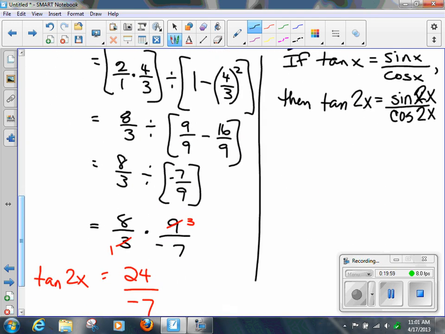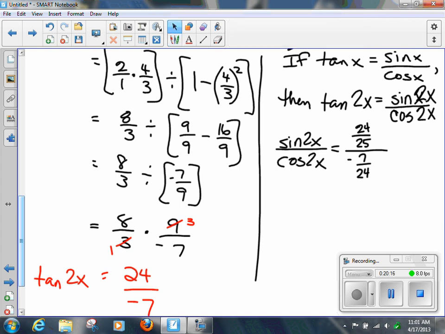So watch this. Sine of 2x over cosine of 2x. What was our sine value? 24 over 25 divided by, what was my cosine value? If you do the bracket thing, you're going to do this fast, and y'all know I don't understand the bracket thing, so I'm just going to go old school. 24 over 25, it is for you.